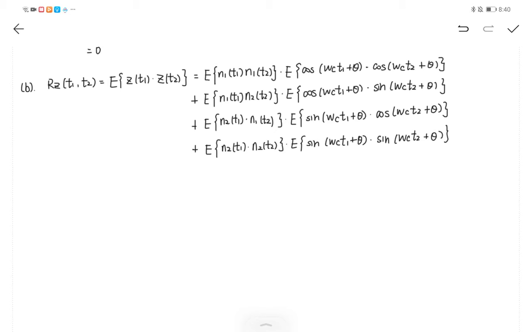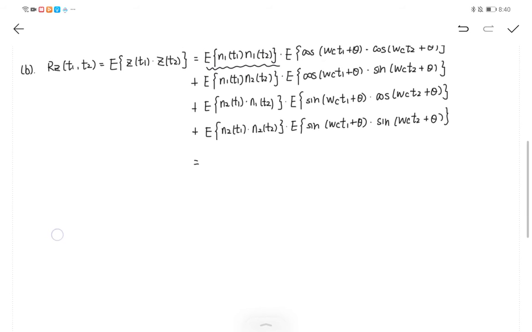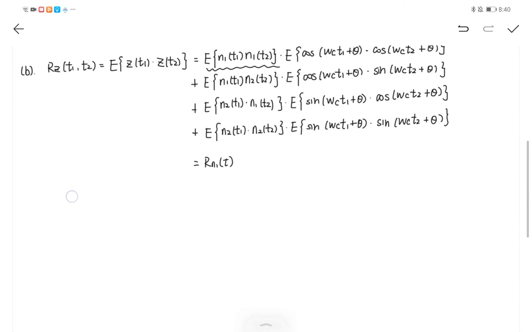So we can continue. This part equals R_N1(tau), and this part equals eta 1 eta 2.